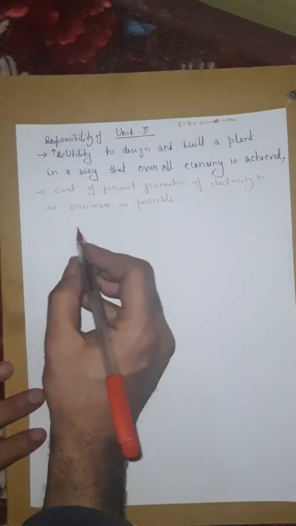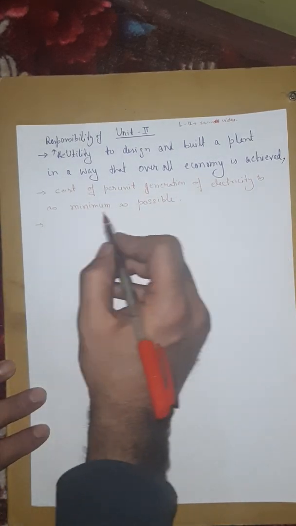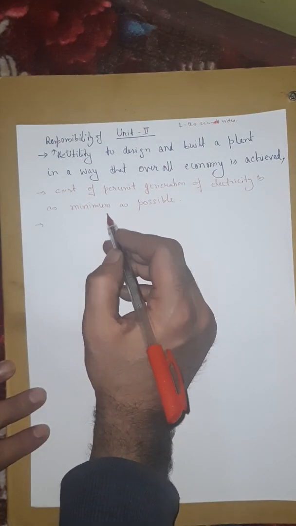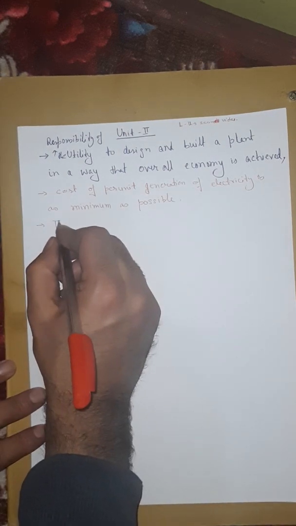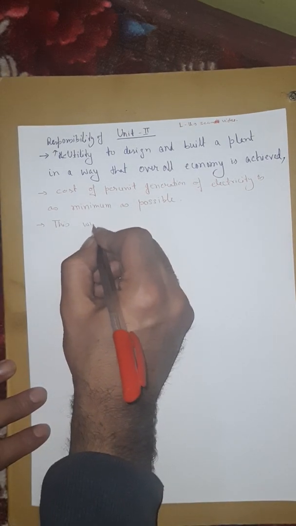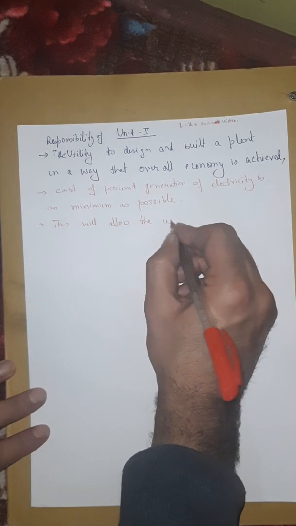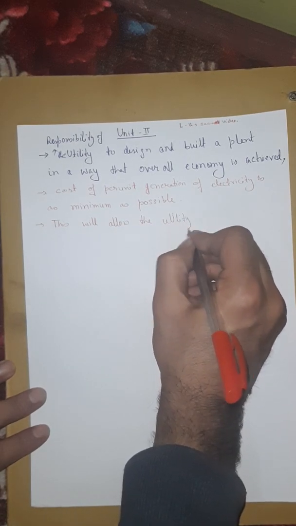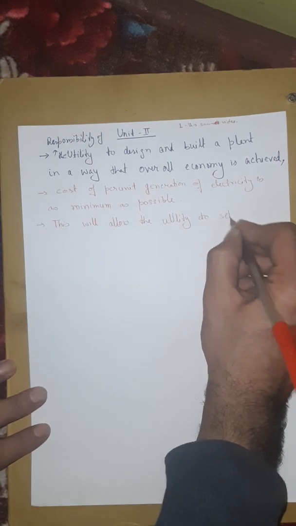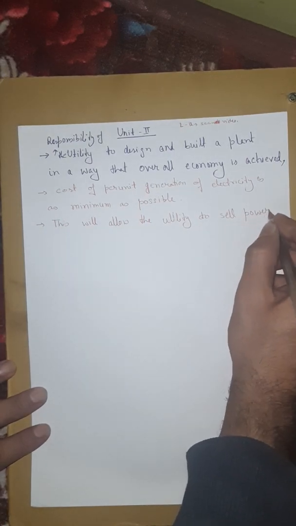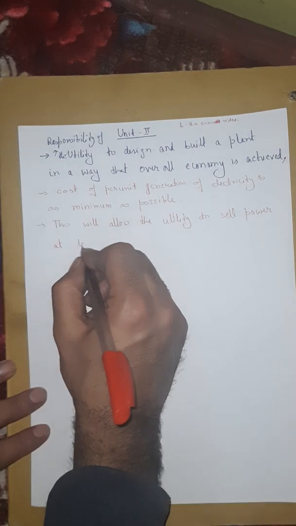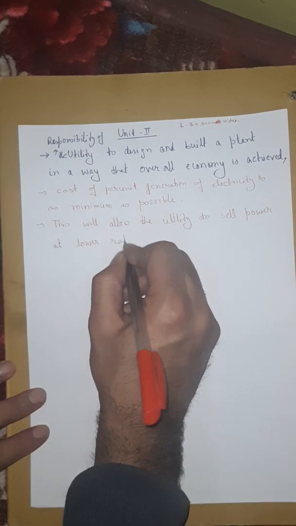So if the cost of generation of electricity is minimum or low, this will allow the utility to sell power or electricity at lower rates.